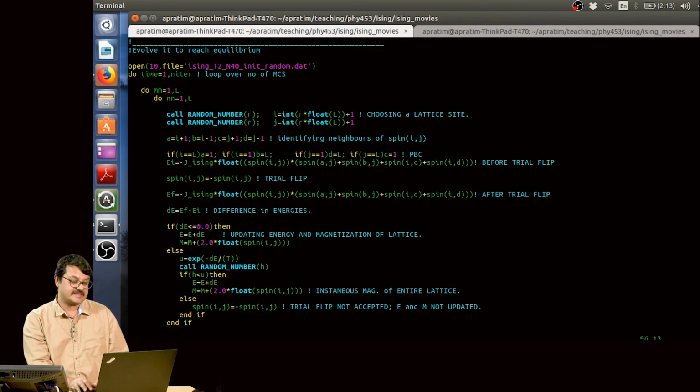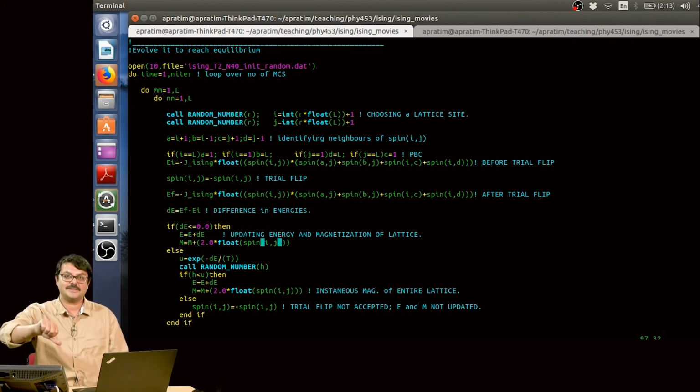The total energy of the system was E, the difference in energy was dE. So, the new energy after this trial spin flip, which has been accepted, is E plus dE, and the new magnetization of the entire lattice, m was the instantaneous magnetization of the entire lattice, that is m plus 2 float spin i j, right, plus 1 goes to minus 1.